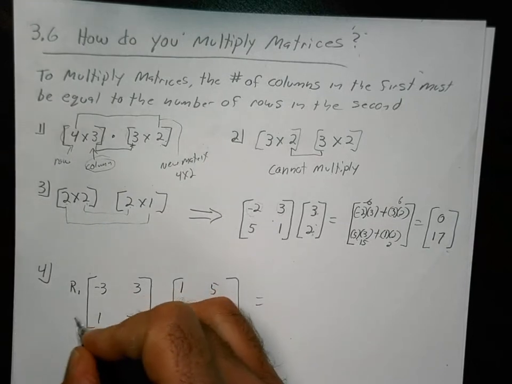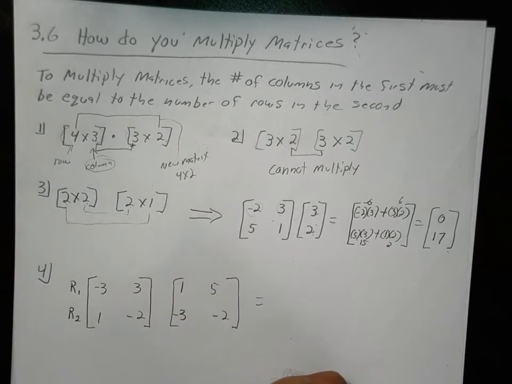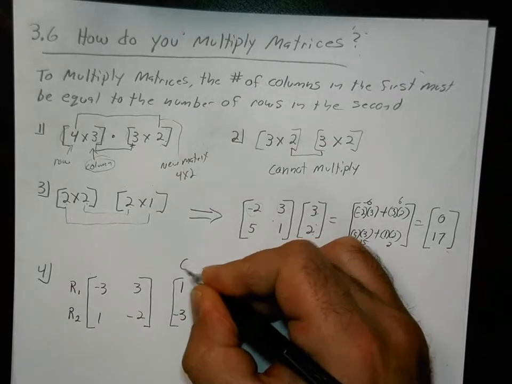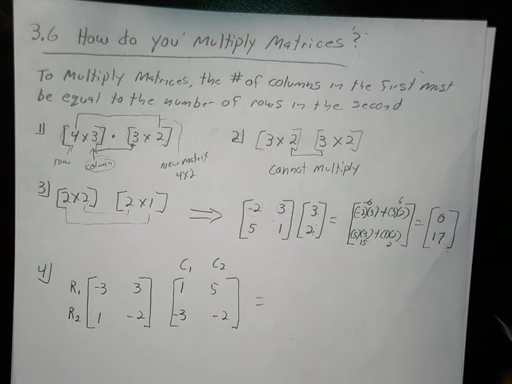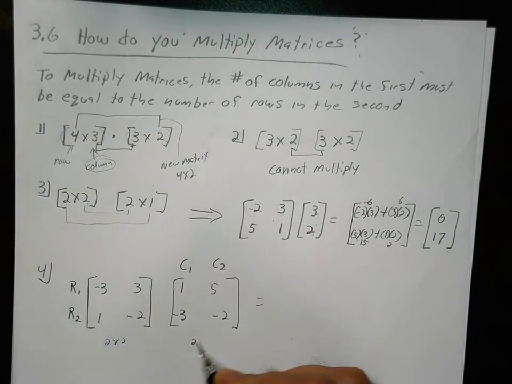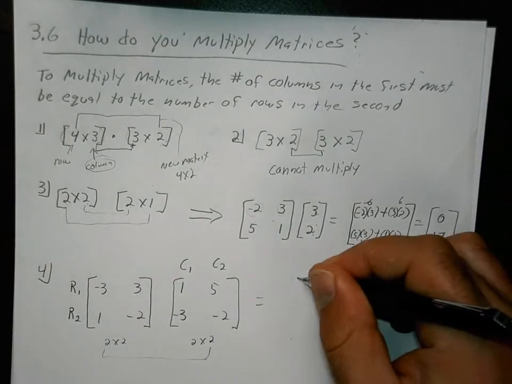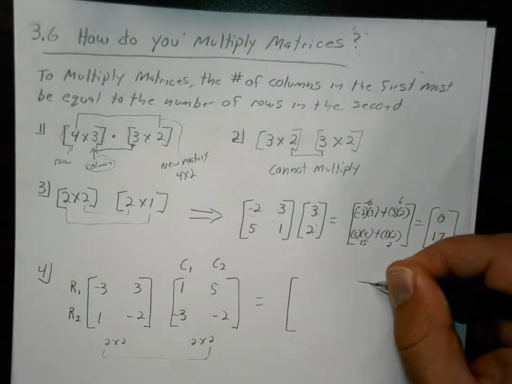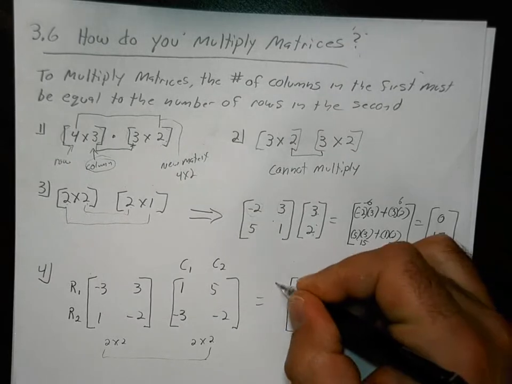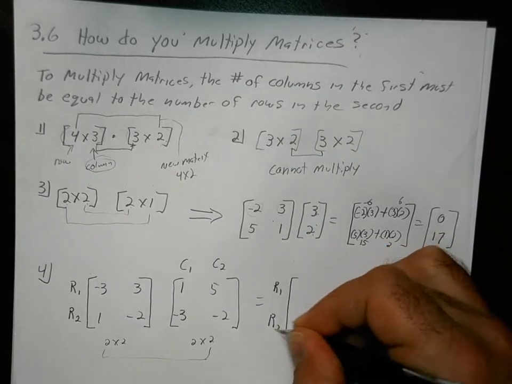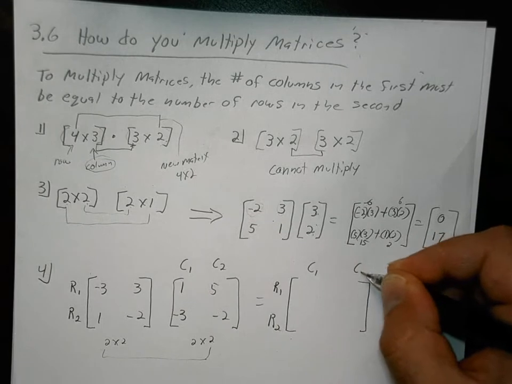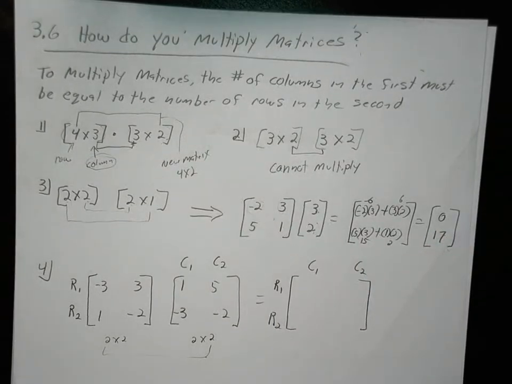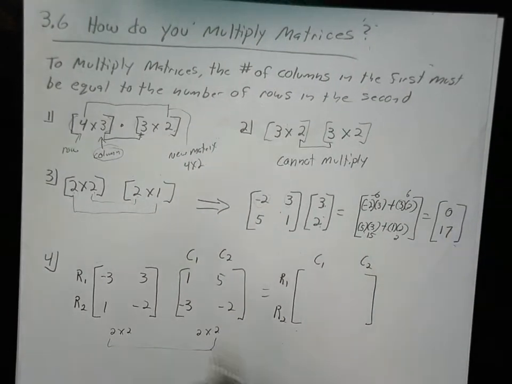I'll call this row 1, row 2, and label the columns in the second. And then my new matrix, if this is a 2 by 2, this is a 2 by 2, my new matrix will also be a 2 by 2. So I'm going to label this R1, R2, C1, C2. This is just going to help me keep organized.